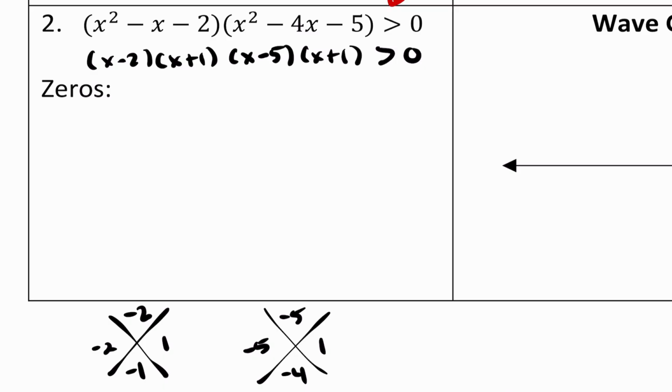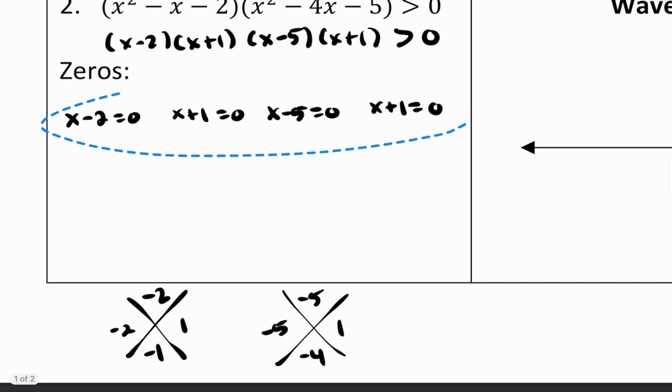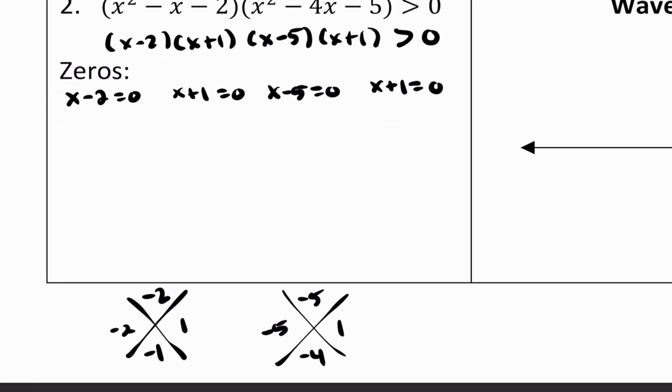So let's go ahead and solve for the zeros. I have x minus 2 equals 0, x plus 1 equals 0, x minus 5 equals 0, and x plus 1 equals 0. So this one is x equals 2, x equals -1, x equals 5, and x equals -1 again.